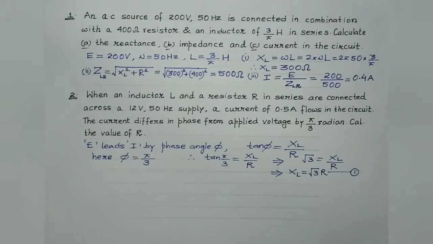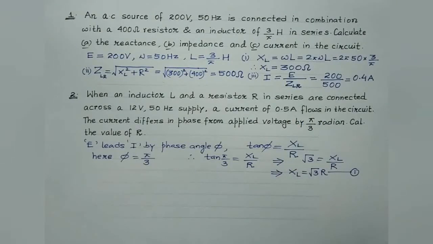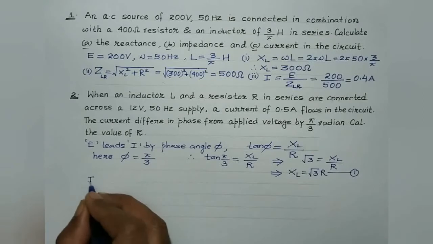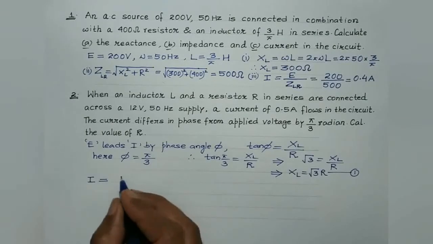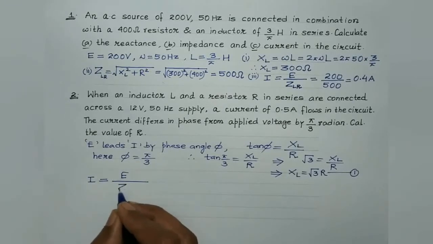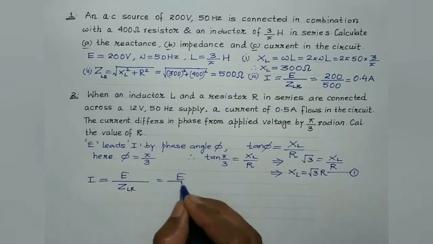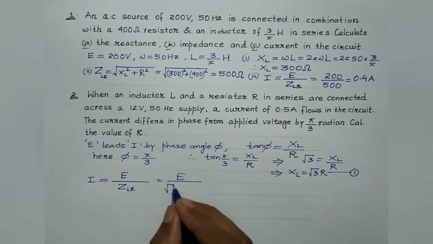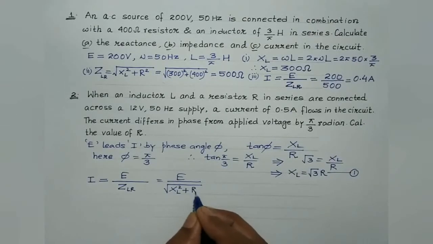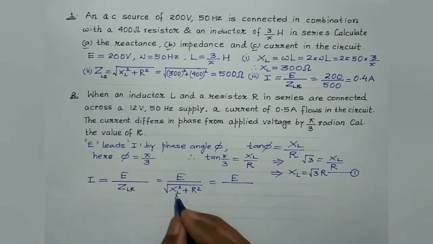Now it is given that a current of 0.5 ampere flows in the circuit. We are supposed to find out the value of R. The current flowing through the series LR circuit is given by E divided by the impedance of the LR circuit, which is square root of XL square plus R square. Let's substitute the value of XL.